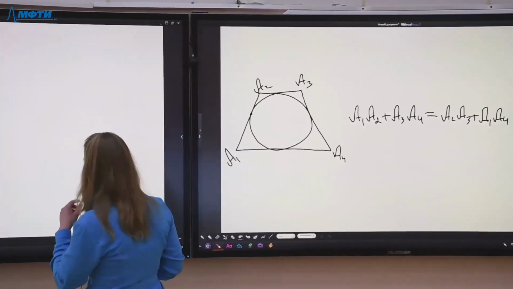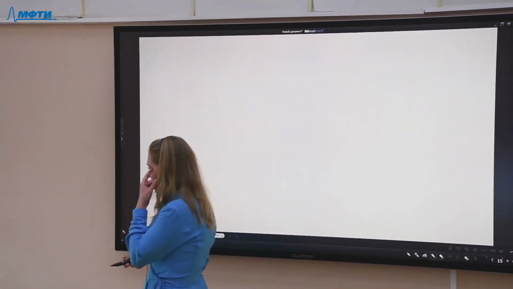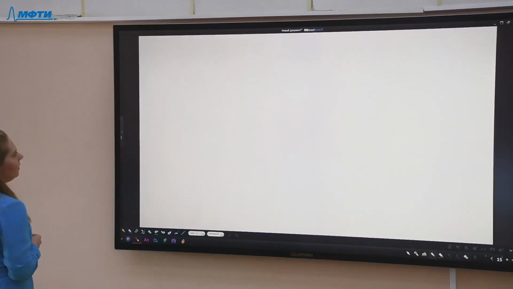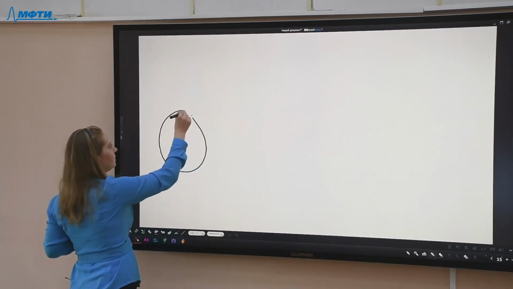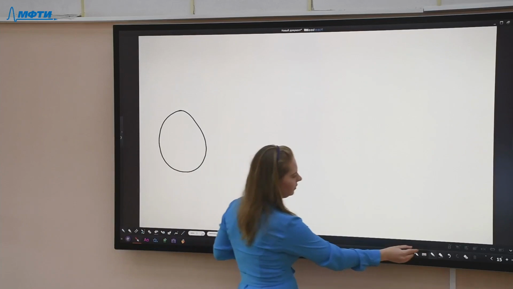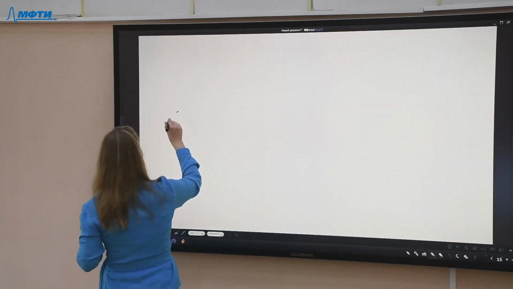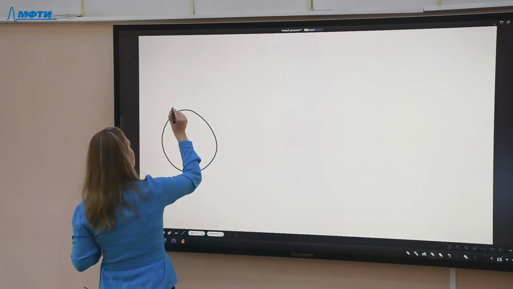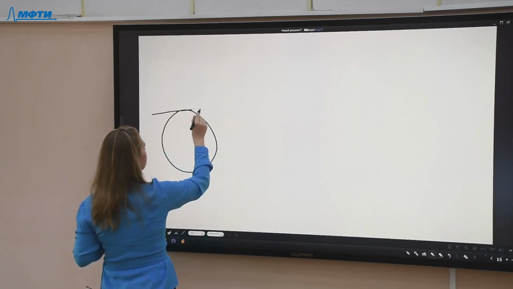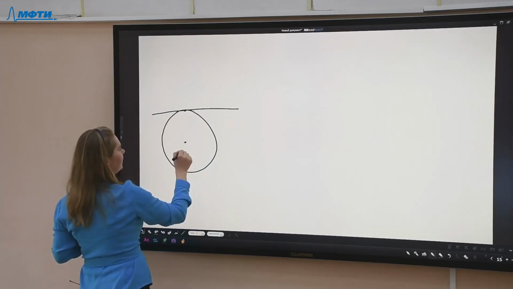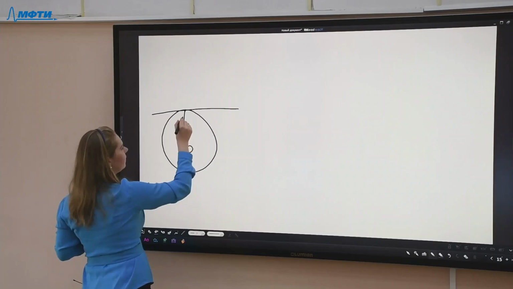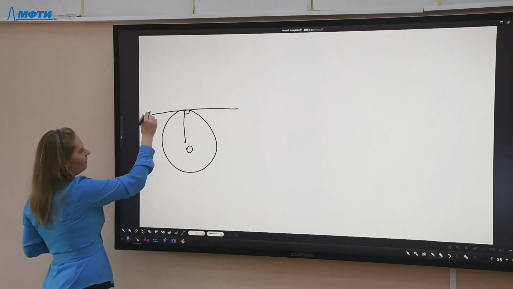Well, we have 10 minutes left, and now let's talk about different angles in a circle. The first thing is if we have a tangent line to a circle, and we have a radius of the circle, we know that these two lines are perpendicular.